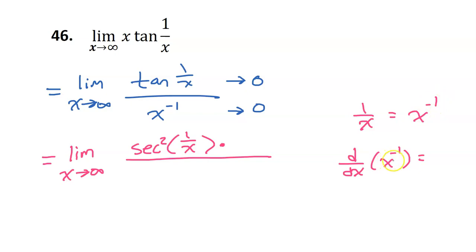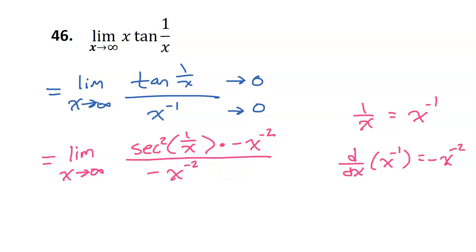If I take the derivative using the power rule, I get that negative x to the negative 2 power. So I'm going to multiply by negative x to the negative 2 power. In the denominator, I'm doing that same thing. The derivative of x to the negative 1 power is negative x to the negative 2 power.